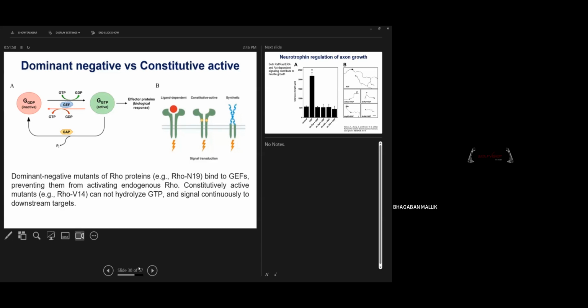With the constitutive form, the GTPase activating protein cannot hydrolyze GTP, so the protein always remains in the GTP-bound state. So it always gives signals.